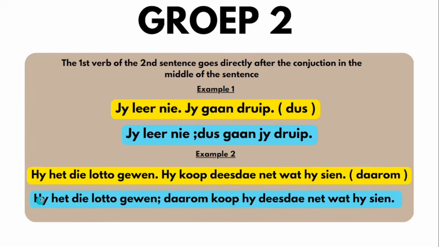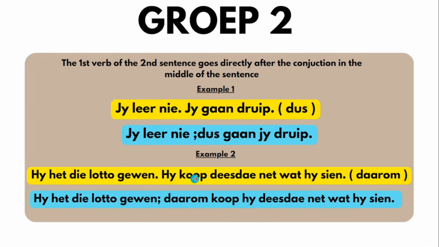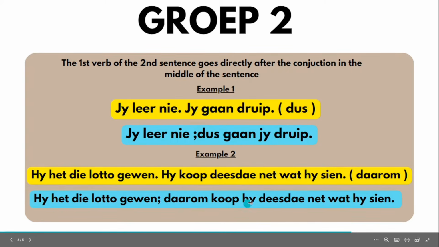So the answer is hy het die lotto gewen, semicolon, daarom koop hy, because koop was verb 1. So conjunction, verb 1, then you need to go grab the subject, and then the rest of the sentence stays the same. So hy het die lotto gewen, daarom koop hy deesdae net wat hy sien.